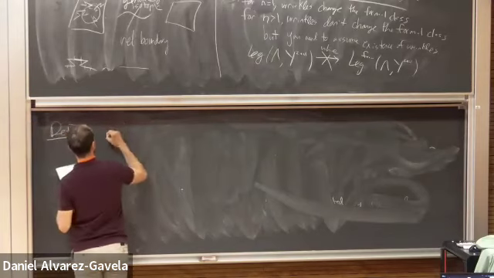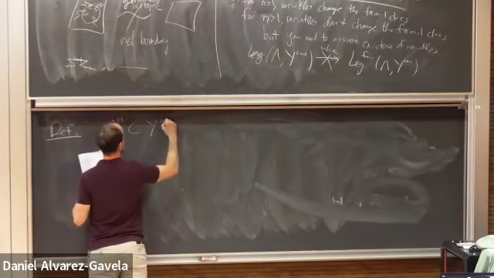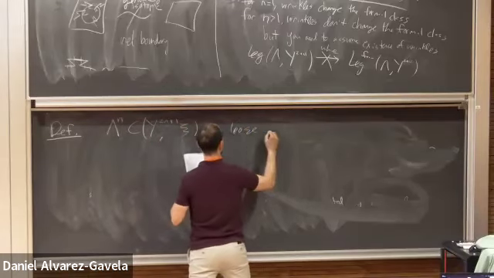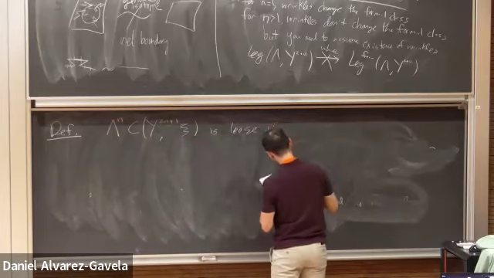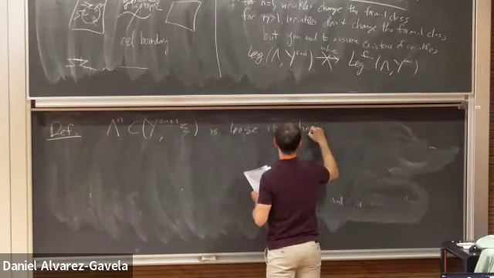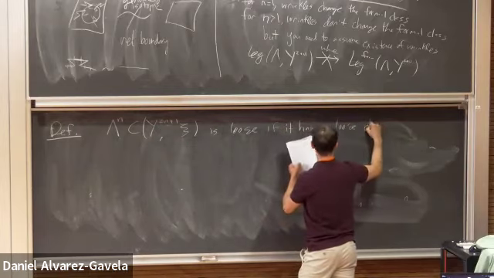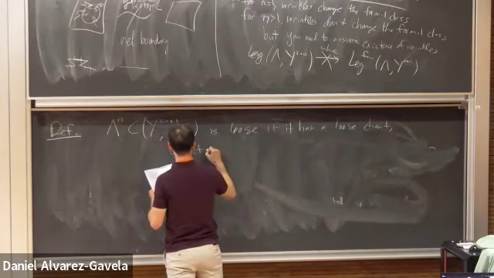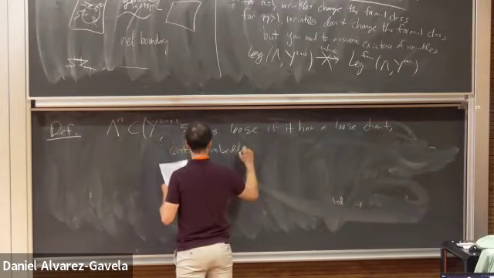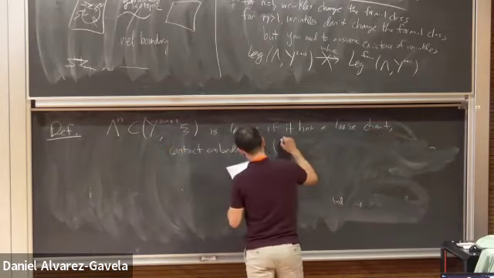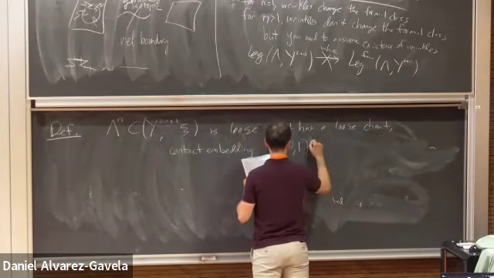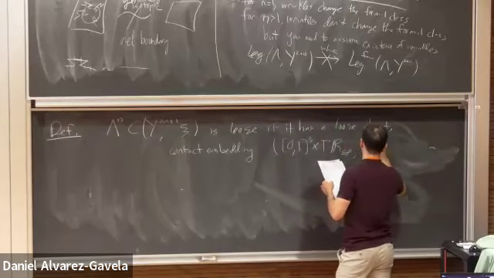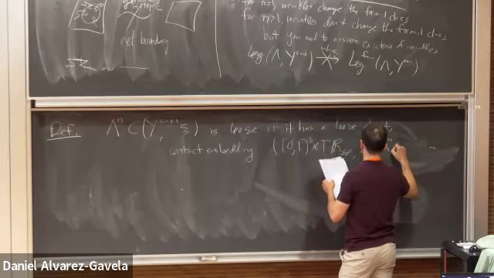Okay, so let me say what a loose Legendrian is. Definition: a Legendrian is loose if it has a loose chart, i.e., a contact embedding of a cube times this piece of the cotangent bundle, the zigzag cross the zero section.